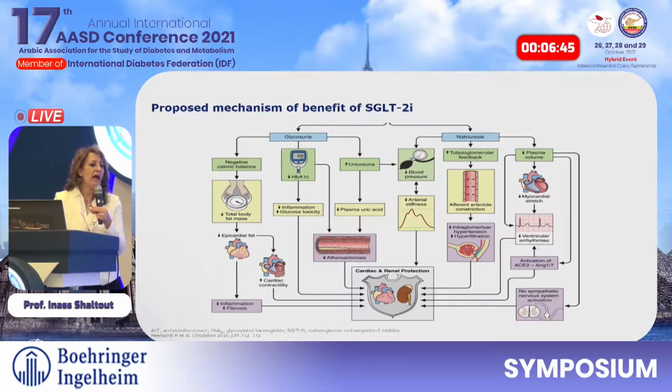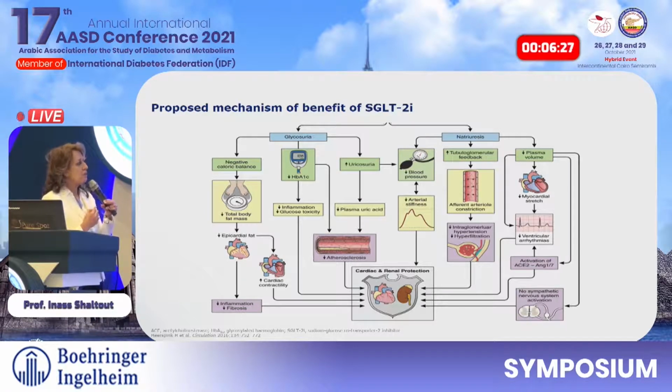And how do these SGLT2 inhibitors protect the heart? There is a proposed mechanism. If we look here, this table is very big, full of many mechanisms. Let's talk about either glycosuria or natriuresis.